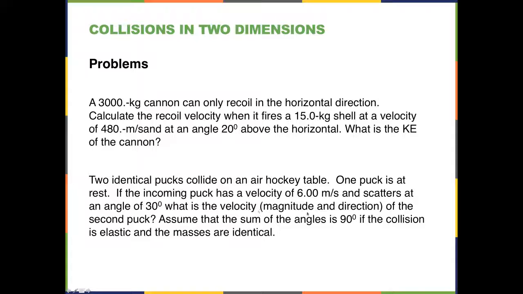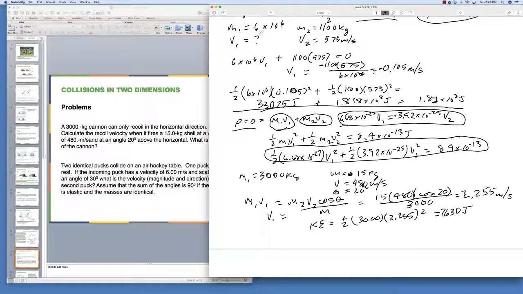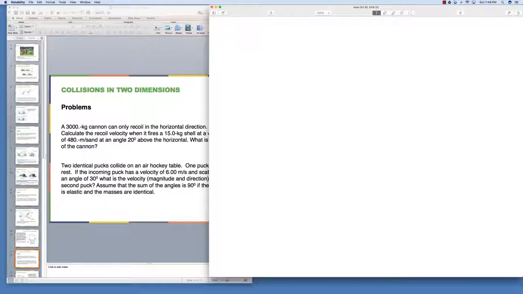Assume that the sum of the angles is 90 degrees if the collision is elastic and the masses are identical. Now this is actually a lot easier than it looks because it tells you to assume that the masses are identical.